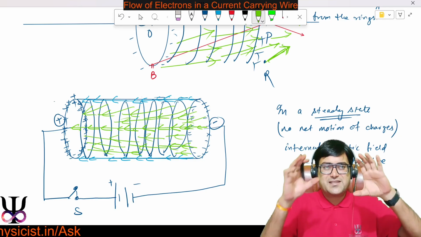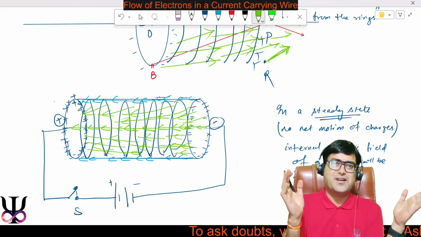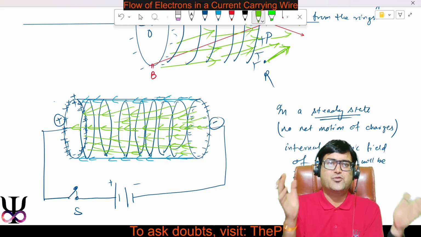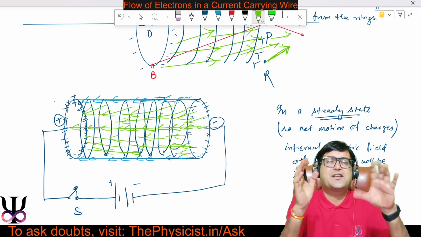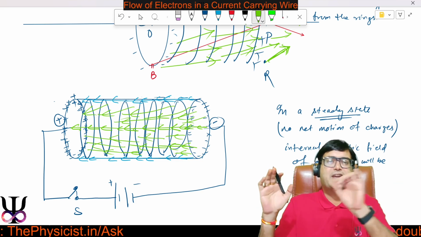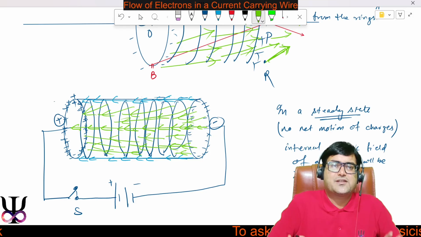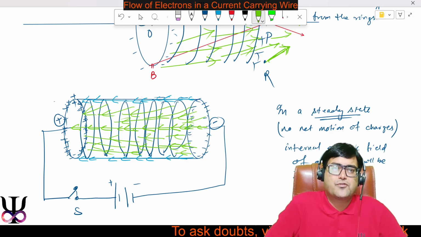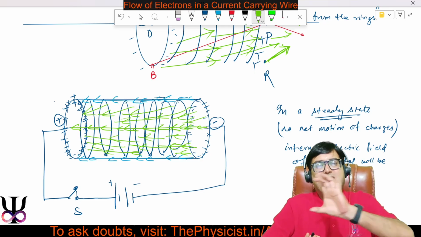However, since they're moving right on the surface, their motion is not going to stop as long as the battery is connected. So you can treat it as if there is a constant charge distribution. Even if the electrons are moving, you can still say that the electron distribution on the surface remains constant over time as long as the battery is connected, right? And that's exactly how the electrons flow.